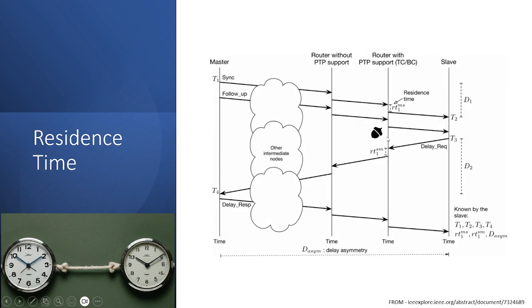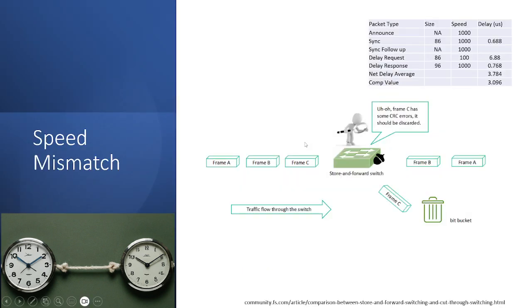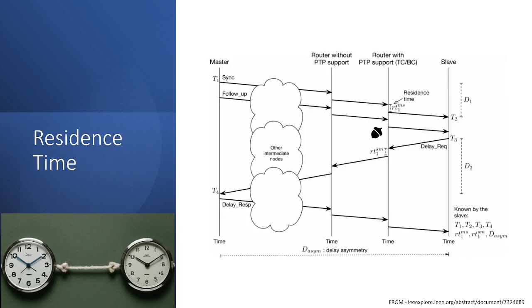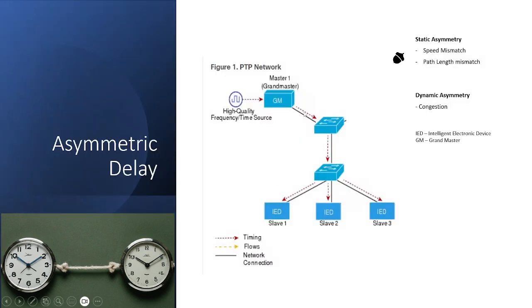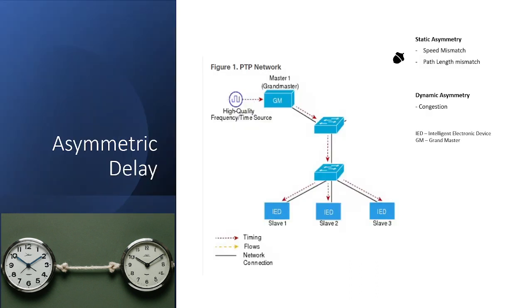So now what has happened is that in the forward going direction, in which the actual delay was only 0.688, the PTP protocol has somehow calculated 3.784 microseconds. And in the reverse going direction, where the delay was actually 6.88 microseconds, it has also calculated the delay to be 3.784. So if you just focus on the forward going direction, instead of 0.688, we have somehow computed 3.784.